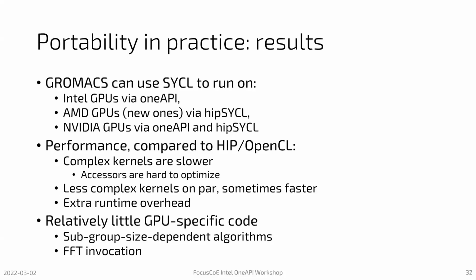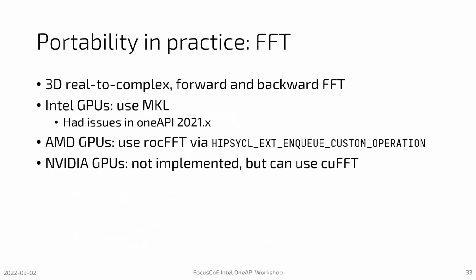And we had very little code that's vendor specific. We had, of course, to change the code that uses warp level reductions and warp level shuffles, because the subgroup sizes are different on different hardware. And since we also use GPU FFT, we had to work a bit to support different FFT backends.